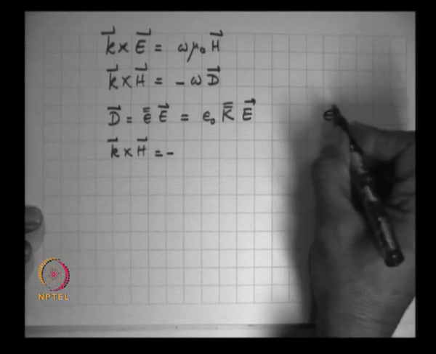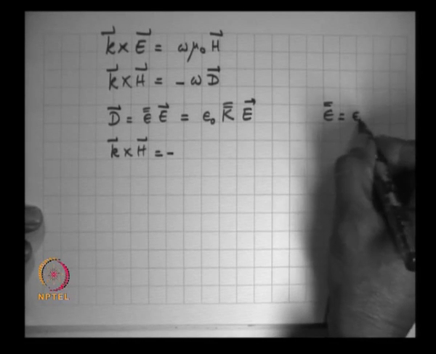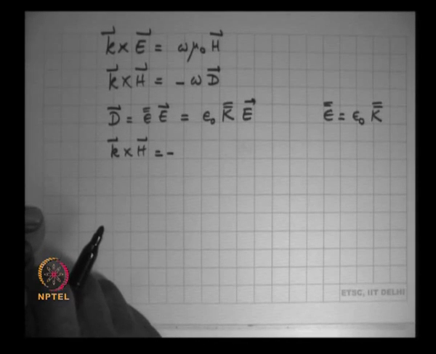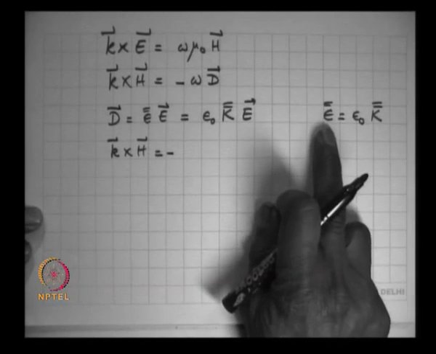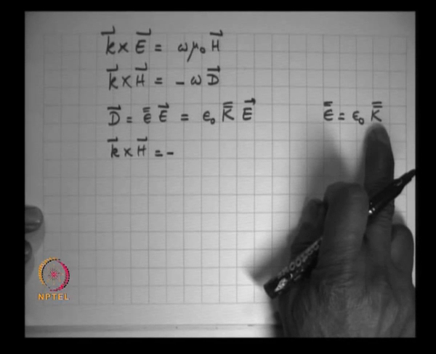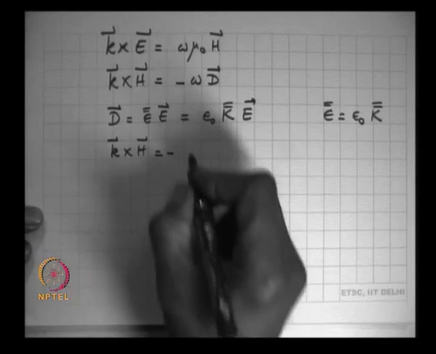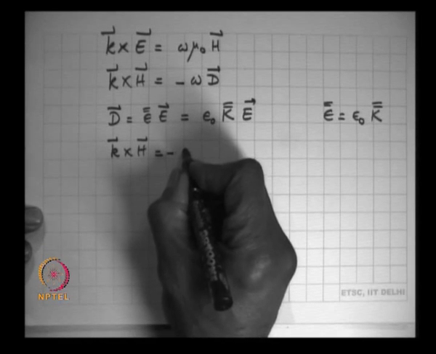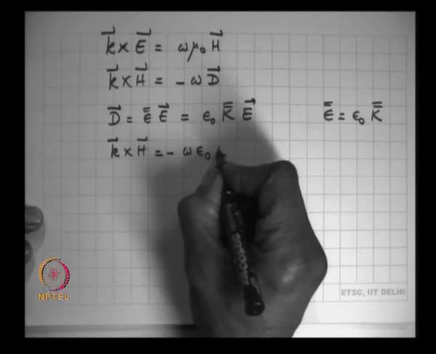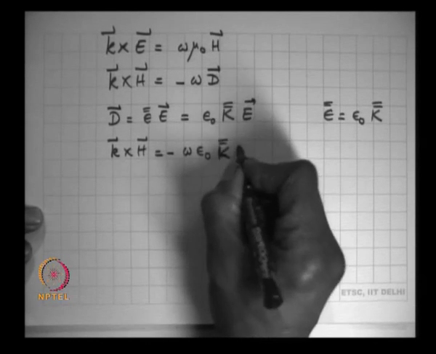The epsilon tensor is actually epsilon 0 times a K tensor. So, in isotropic media, epsilon would be a scalar, K would be a scalar, and K would represent the dielectric constant of the medium. So, this is k cross H is minus omega epsilon into E vector, epsilon 0 K into E vector.